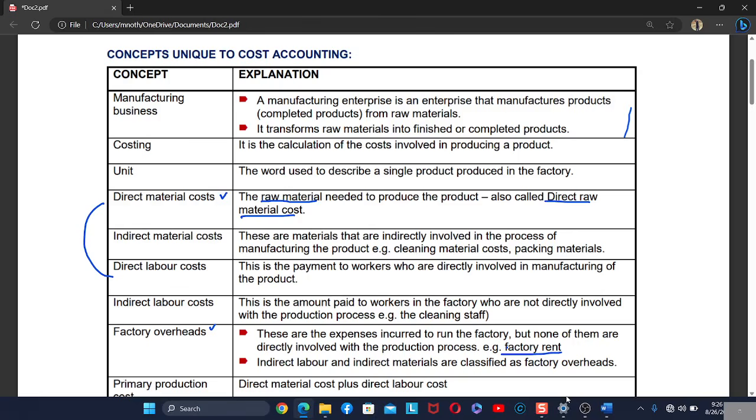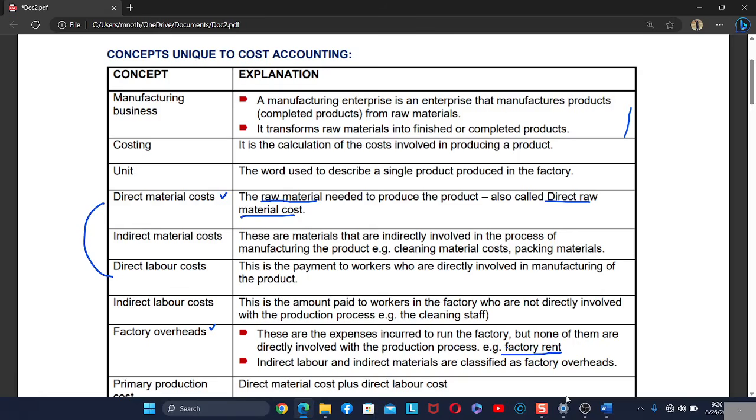Indirect labor and indirect material are classified as factory overheads, because factory overheads are the expenses incurred to run the factory, but none of them are directly involved in the production process. Indirect labor and indirect material are not directly involved in the making of the products, so they also fall under the factory overheads.